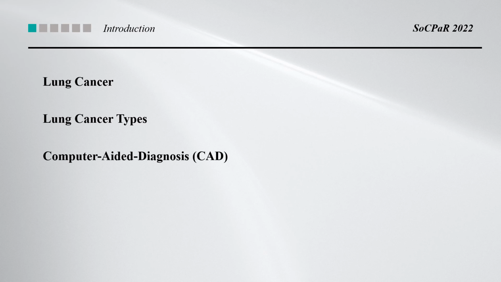Therefore, computer-aided diagnosis systems, by employing machine learning and deep learning techniques, are able to overcome these problems and classify each type of lung cancer with high accuracy and in a short amount of time.